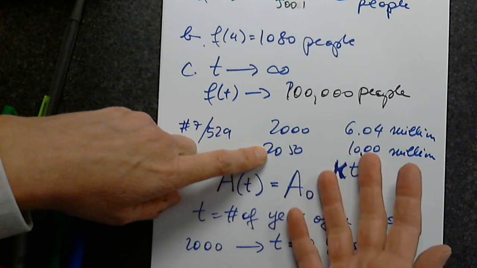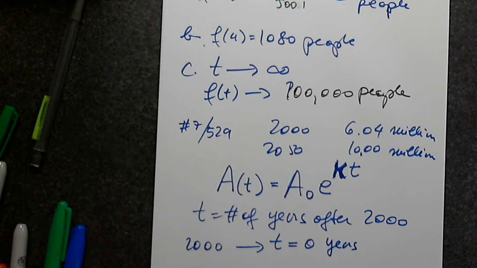What are we given in this problem? In the year 2000, this amount. In the year 2050, this amount. We are given two ordered pairs.